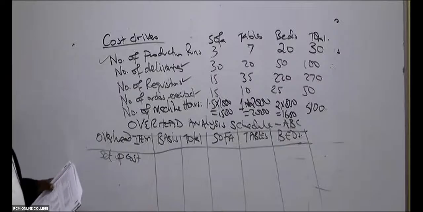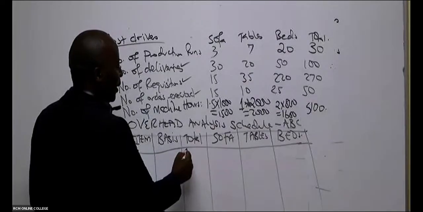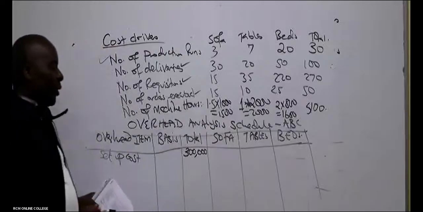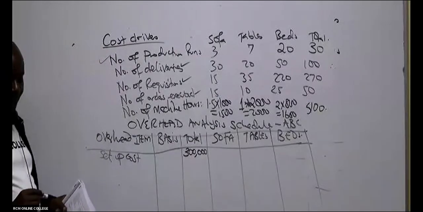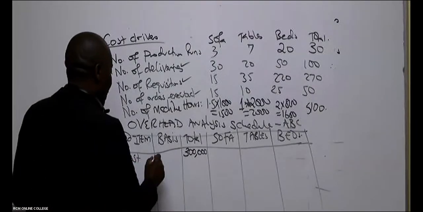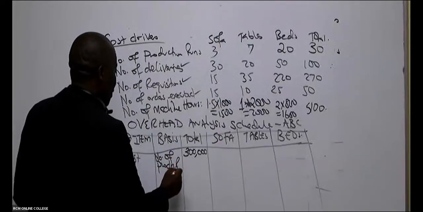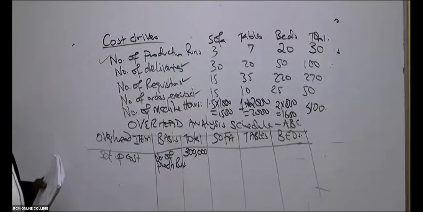So the setup cost, ladies and gentlemen, you can see the total is how much here? 300,000, isn't it? Thank you so much. 300,000. What is the basis of apportioning this? Number of production runs. So we have here number of production runs.